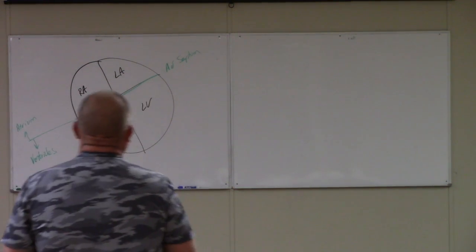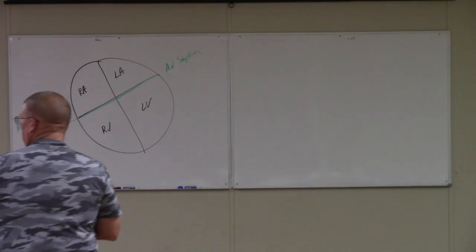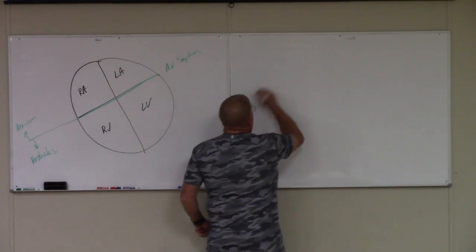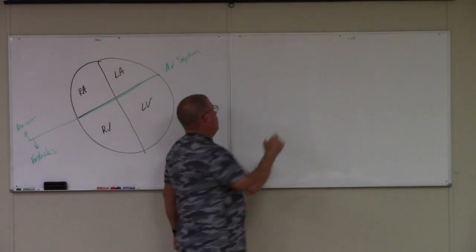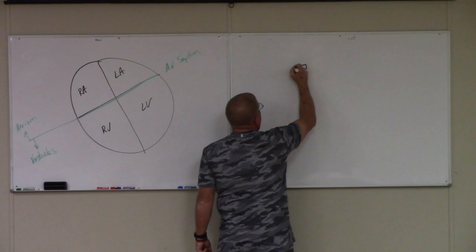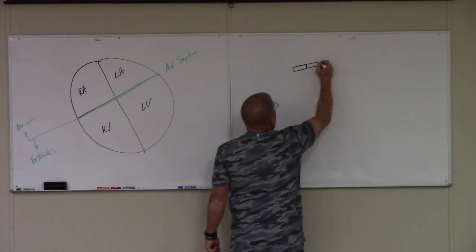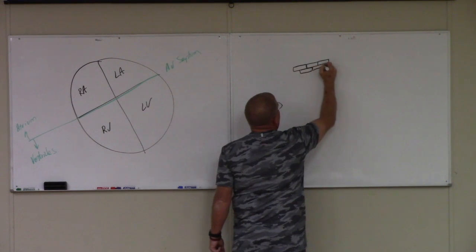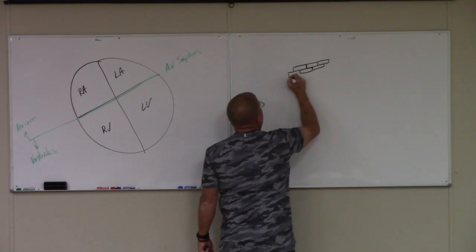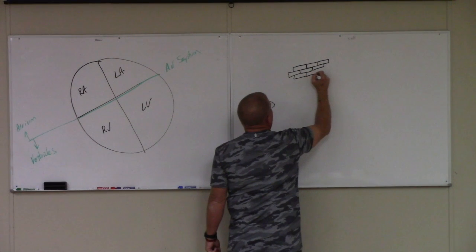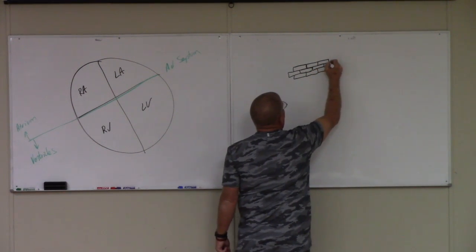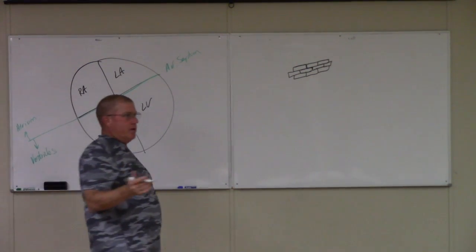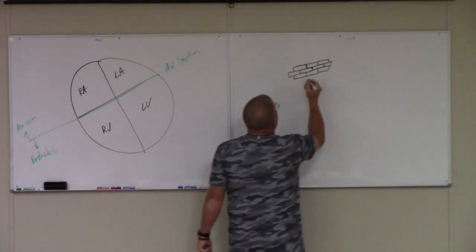Every cell in the heart, actually cardiac muscle, if you look at it, looks kind of like bricks. Kind of like a brick wall, isn't it? Okay, and in each one of these bricks or cells is a disc.